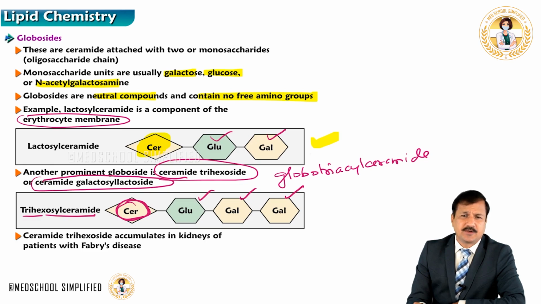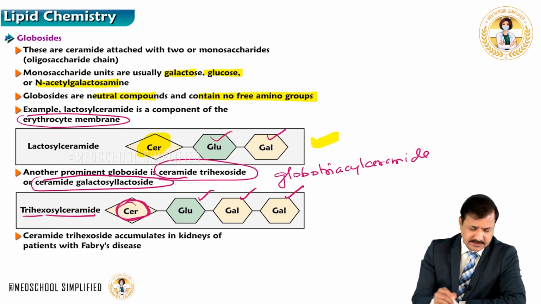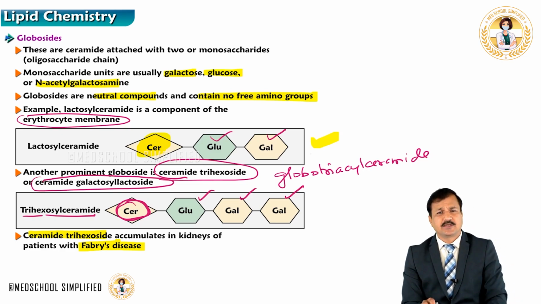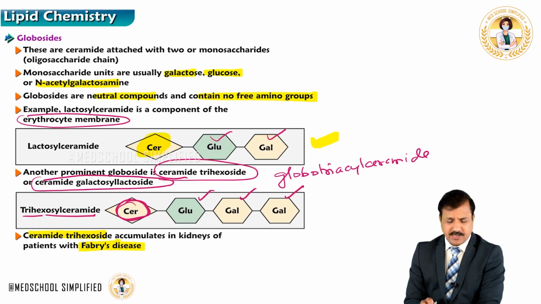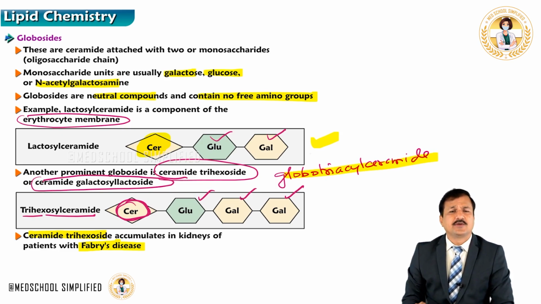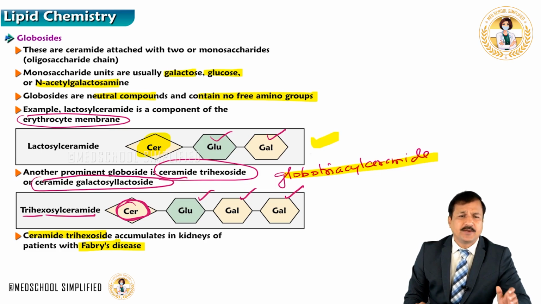So make sure you remember the name here. The reason is that in a disease called Fabry's disease, there will be accumulation of ceramide trihexoside. That's why you need to remember the name here. So ceramide trihexoside, also referred to as globotriaosylceramide, is accumulated in Fabry's disease.